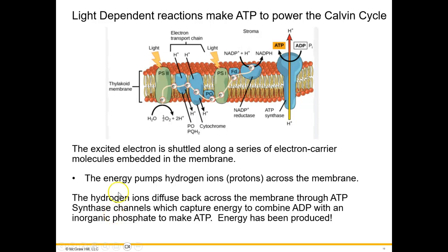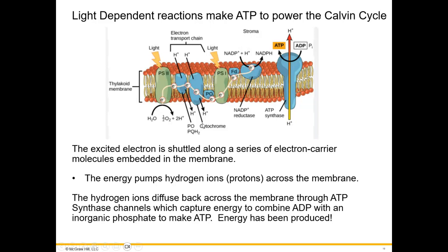But the excited electron is going to be shuttled along a series of electron carrier molecules that are embedded in the protein. So here's our carrier molecules that the electron is passing through. The energy from that pumps hydrogen ions, which are protons, across the membrane. So that's creating this flow of hydrogen ions across the membrane.